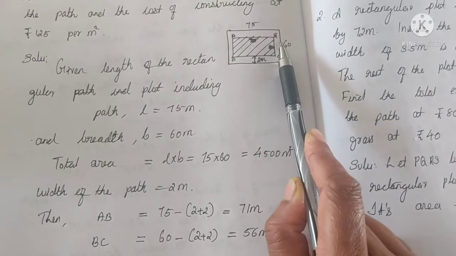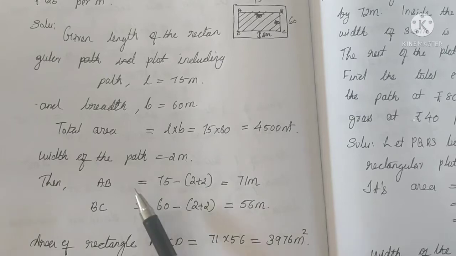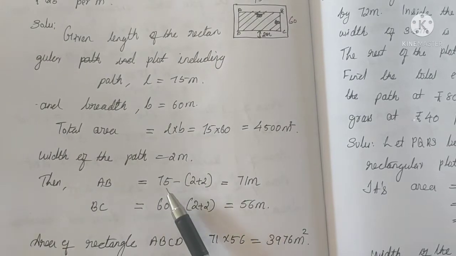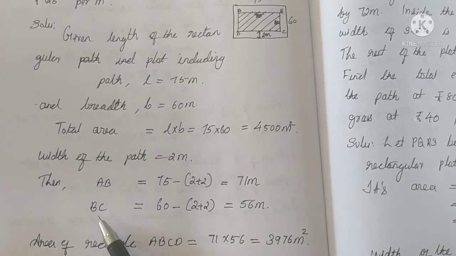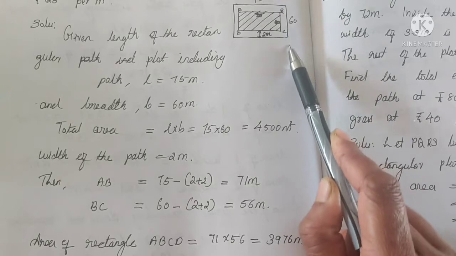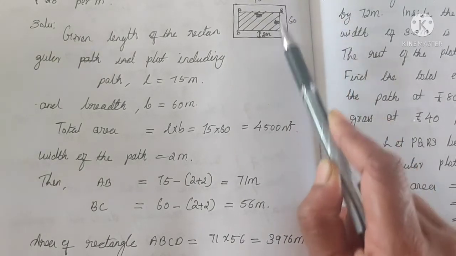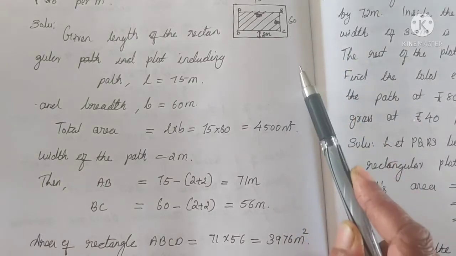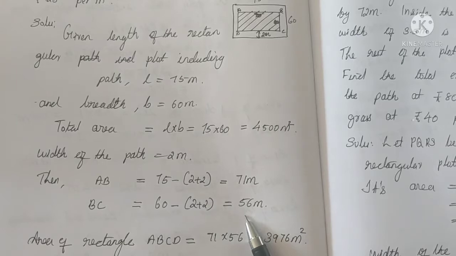So 2 plus 2, 4 meter we have to subtract from 75. That is, AB is equal to 75 minus (2 plus 2), which becomes 71. Similarly, for finding BC, here also the total length is 60. For the length of BC, here 2 meter, here 2 meter we have to subtract. That is 60 minus (2 plus 2), which is equal to 56.